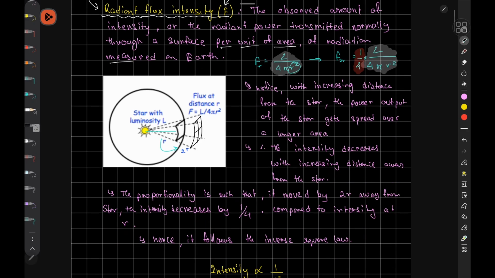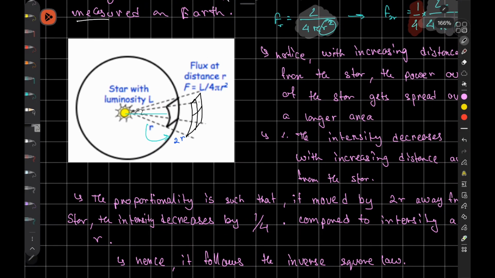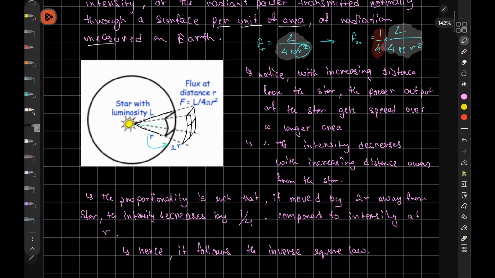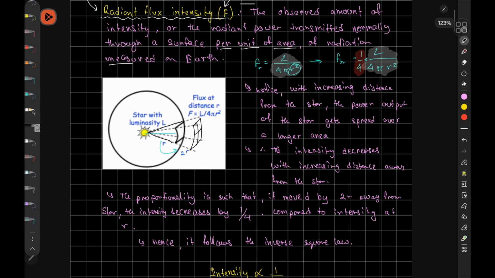Let me also show this through the diagram. If this is the amount of light we are analyzing at different positions, whatever amount of light comes out from this, there's a very beautiful word for it, the 3D angle unit, solid angle.